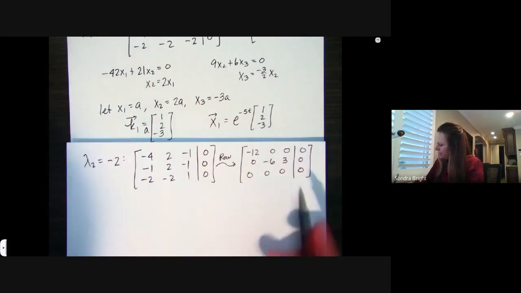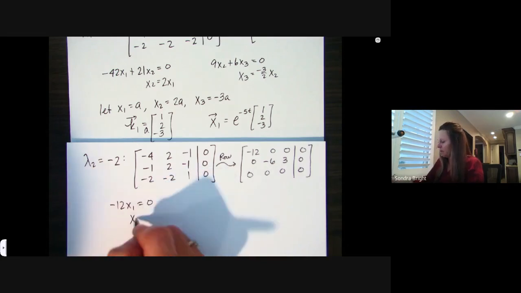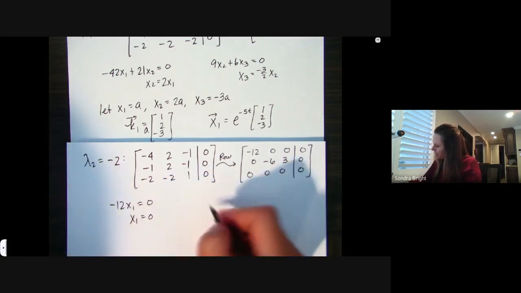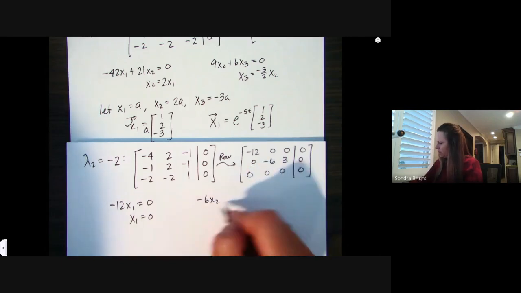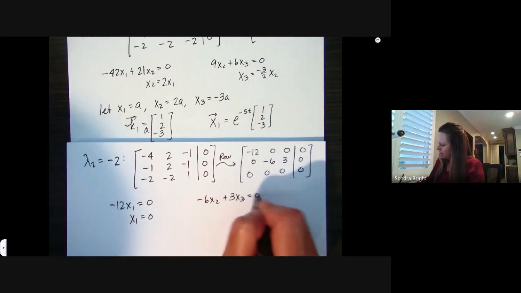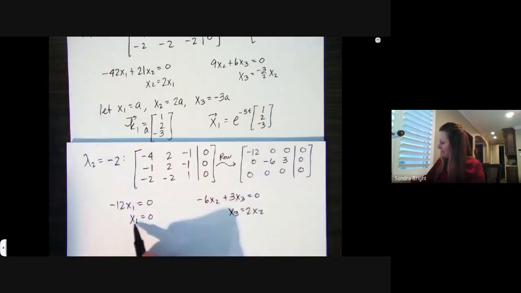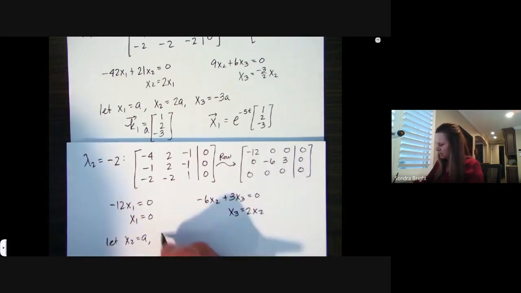Which told me that negative 12x1 is 0, so x1 must be 0. Then row 2 told me negative 6x2 plus 3x3 is 0, which means x3 is equal to 2x2. So x1 is 0, I let x2 equal a, which means x3 is 2a.